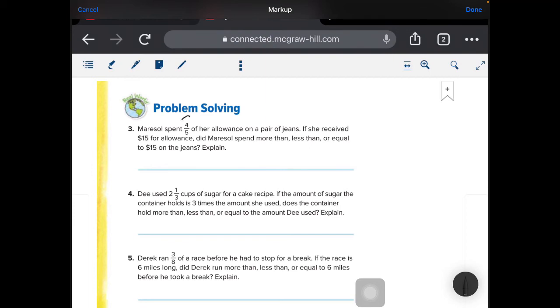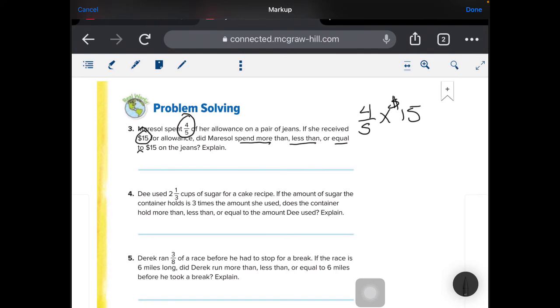Marcel spent 4/5 of her allowance on a pair of jeans. If she received $15 for an allowance, did Marcel spend more, less, or equal to $15 on the jeans? Explain. All right, so we are going to do 4/5 times $15.